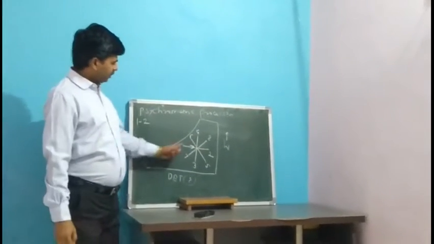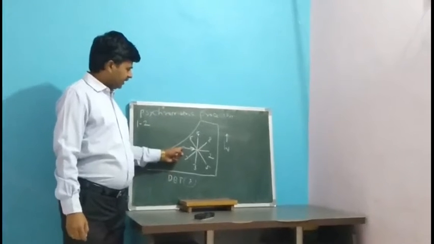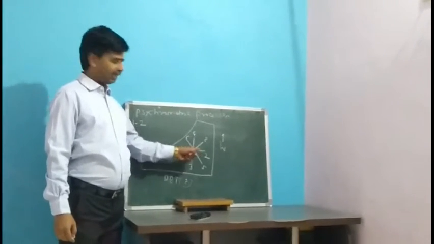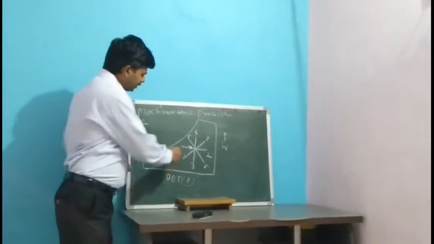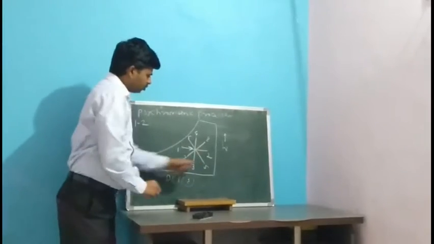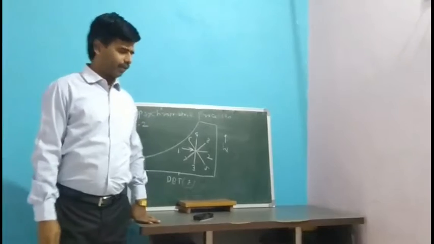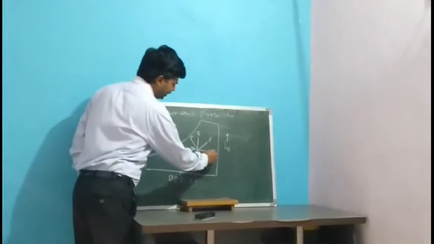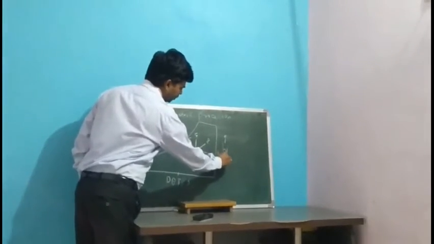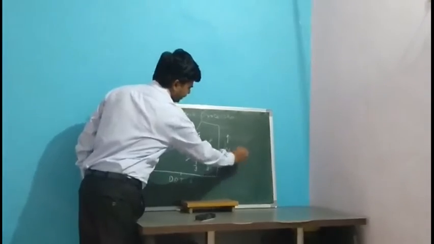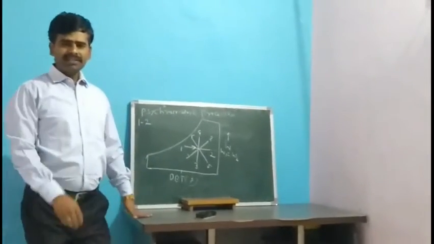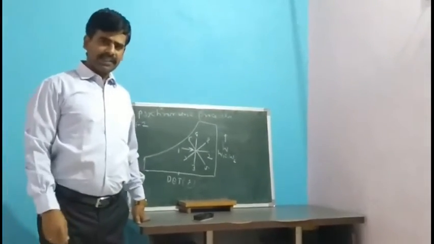In this process, the DBT of that air is increasing from TD1 to TD2, where TD represents the dry bulb temperature, without affecting the specific humidity. Specific humidity is the mass of water vapor present in the air.